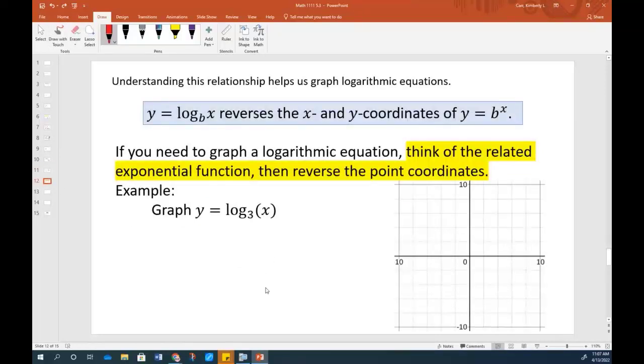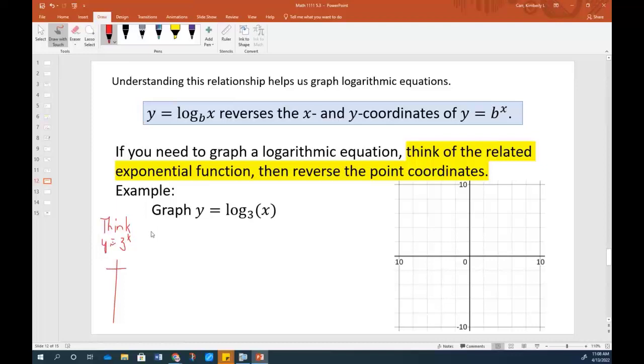So now we're going to look at the graphing. How do we graph these? Well, generally speaking, I know you could use your calculator and you can get some things, but if you're going to learn to understand the math, what we want to do is think of the related exponential function. So the function that would have the same base. First of all, this is base 3, so think about y equals 3 to the x.